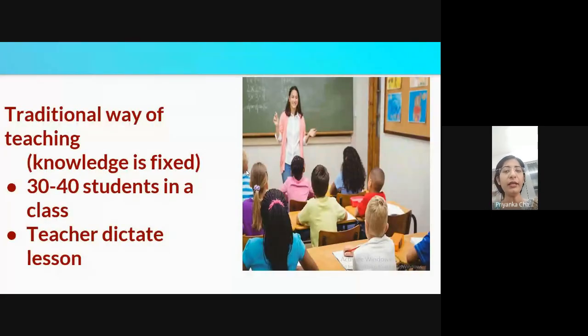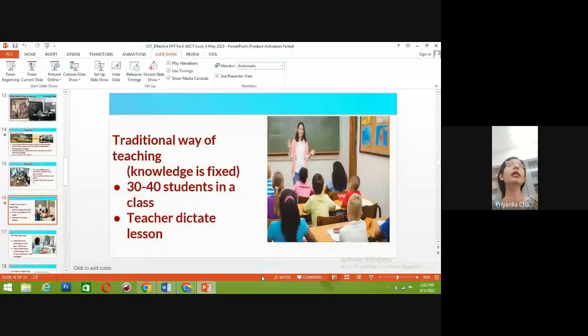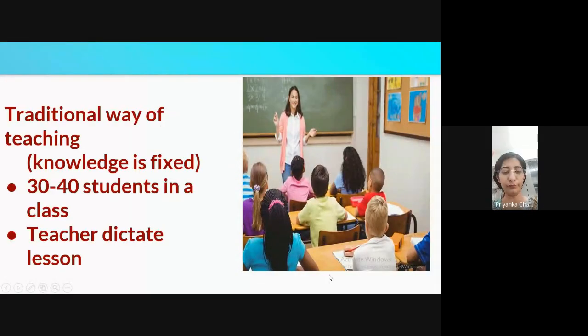Then after this, there comes an era. If you see this picture, can you see this picture? What is this picture showing? There is only a teacher who is teaching 30 to 40 students in the four walls of a classroom.